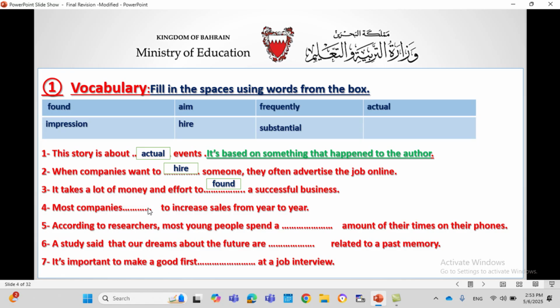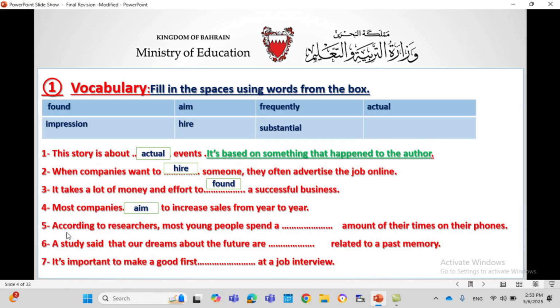Number four, most companies to increase sales from year to year. The missing gap must contain a verb, and the verb is aim. Most companies aim to increase sales from year to year.